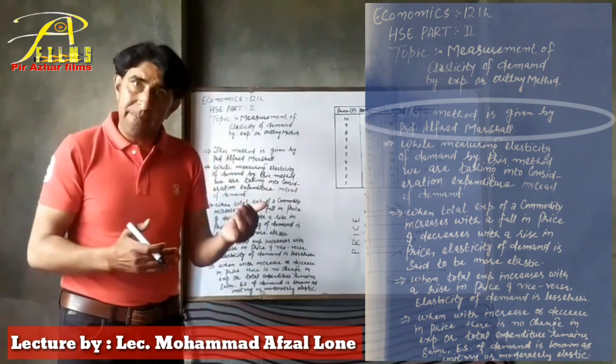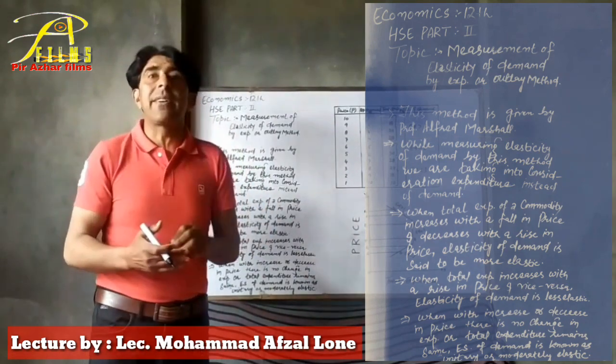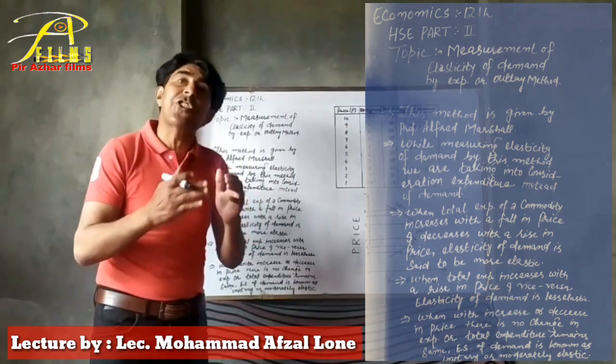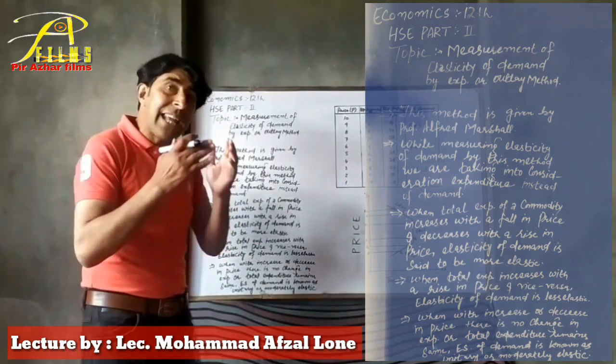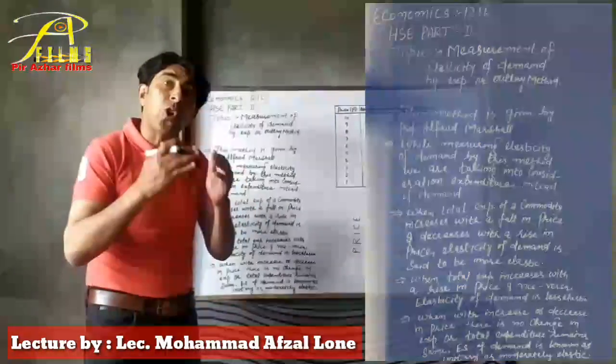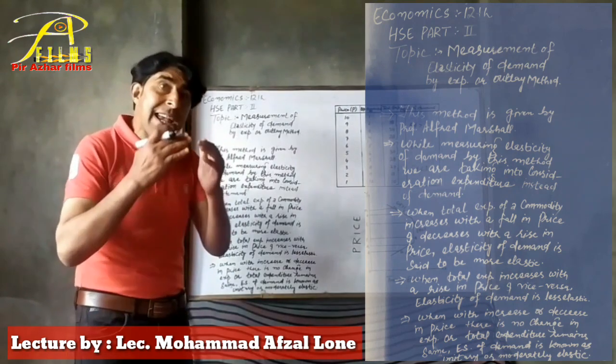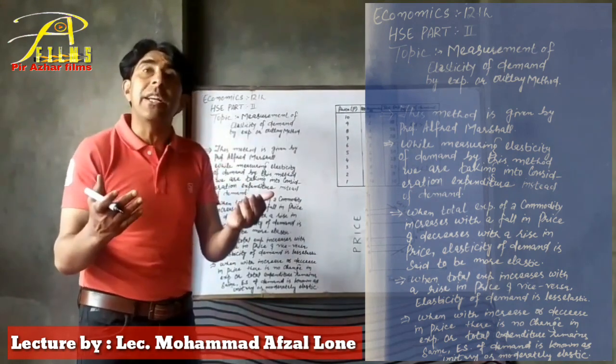Alfred Marshall. In this method, we are measuring the elasticity of demand by taking into consideration the total expenditure incurred on a commodity.